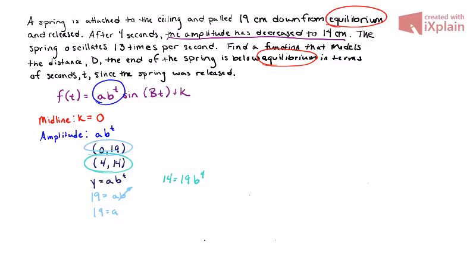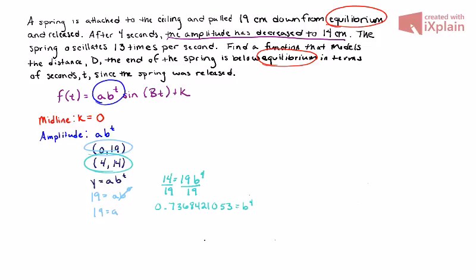So that being said, we can divide both sides by 19. This is not going to give me a very pretty number, but it's going to give me 0.7368421053, and that's equal to b to the fourth.